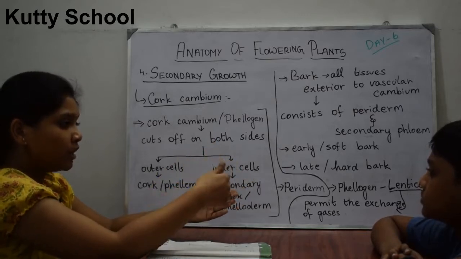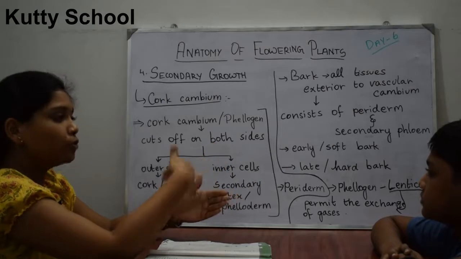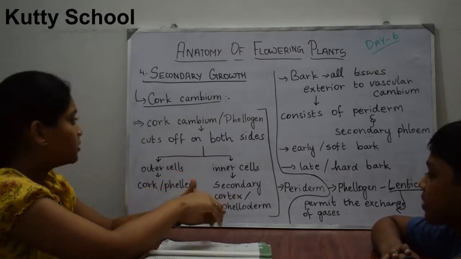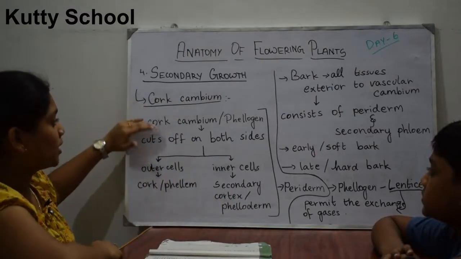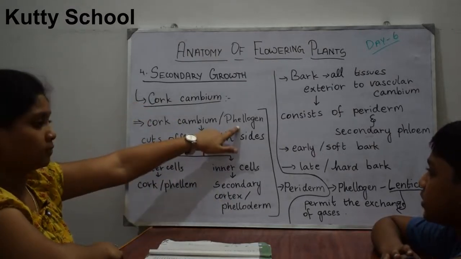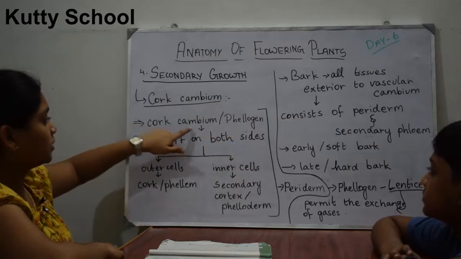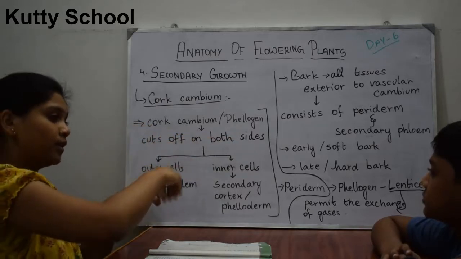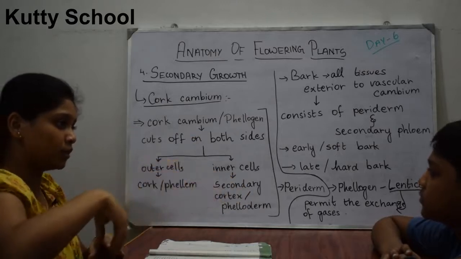So there is a need for the formation of new cells to replace those cells. The replacing cells are known as cork cambium or phellogen. This cambium replaces the broken cortical cells outside.